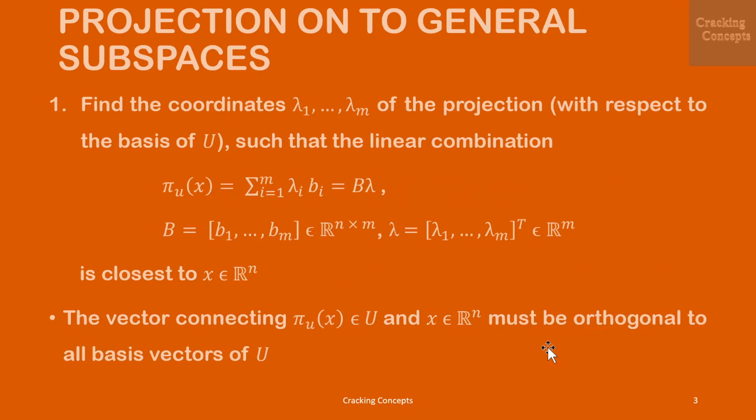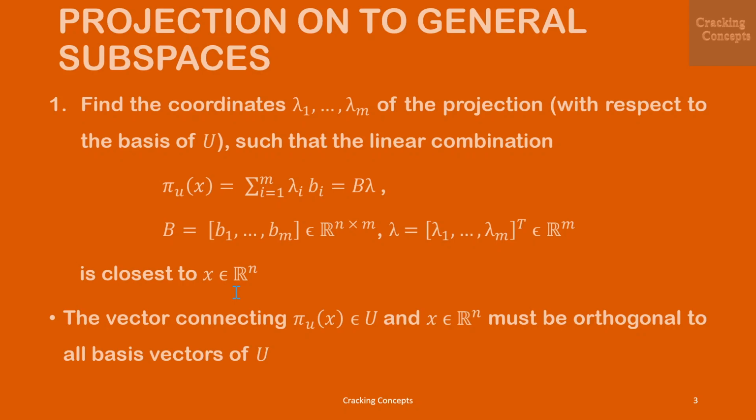The first step is to find the coordinates lambda 1 etc. lambda m of the projection with respect to the basis of U such that the linear combination π_U of x is equal to sigma i equal to 1 to m lambda i bi, which can be written as capital B into lambda, where capital B consists of the vectors b1 etc. bm, and this makes B a matrix of dimension n cross m, and lambda consists of lambda 1 etc. lambda m, which belongs to the m-dimensional space, and this is closest to the vector x belonging to the n-dimensional space.